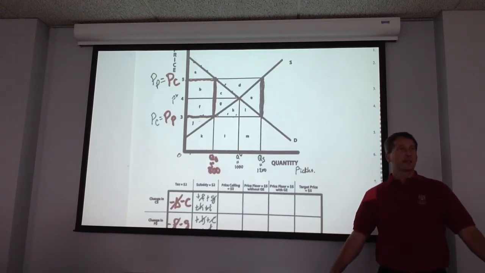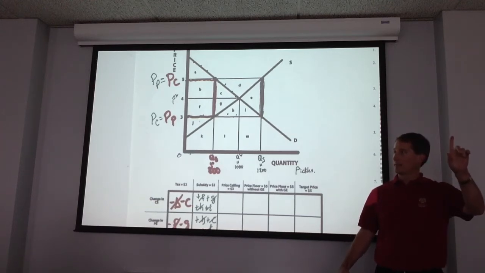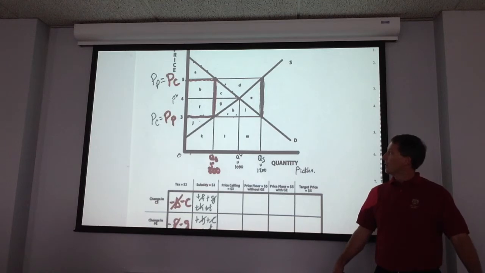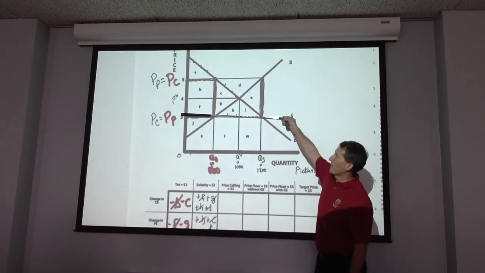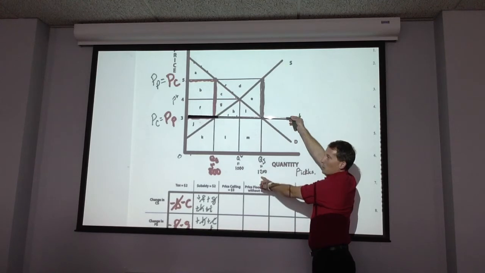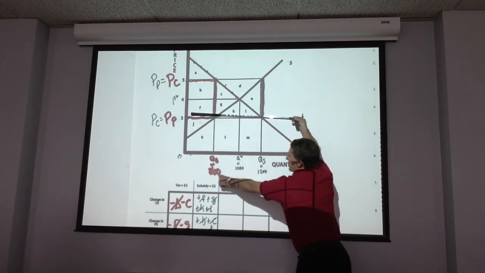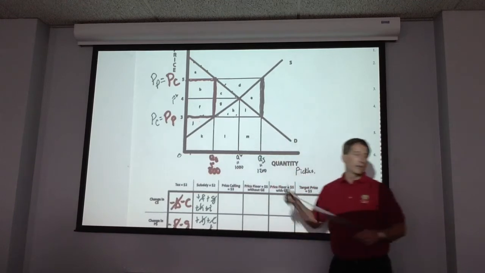Government says prices cannot go above the price ceiling, right? Creates a shortage. So at the ceiling price now of $3, people want to buy 1,200 units, but there's only 800 available, causing that shortage.